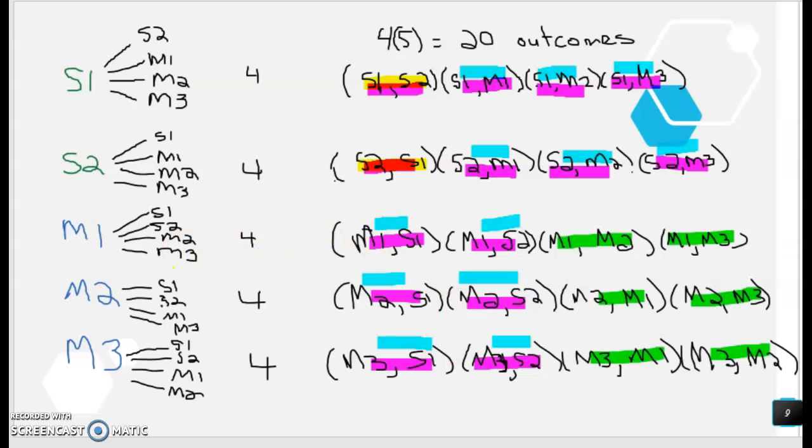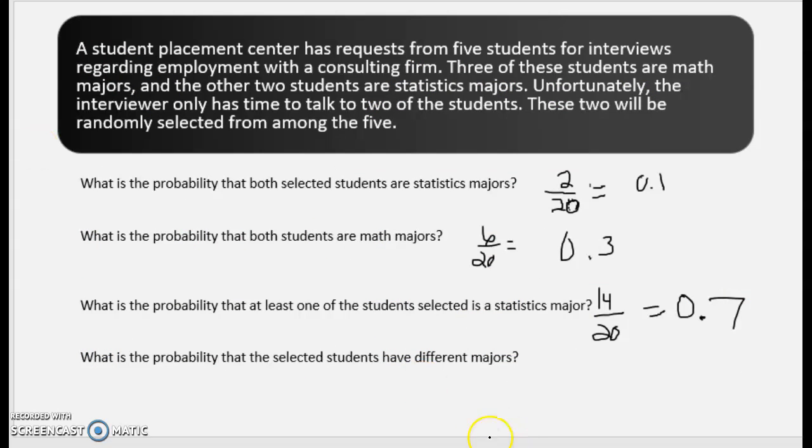So 12 out of 20, or 0.6, is the probability that they have different majors.